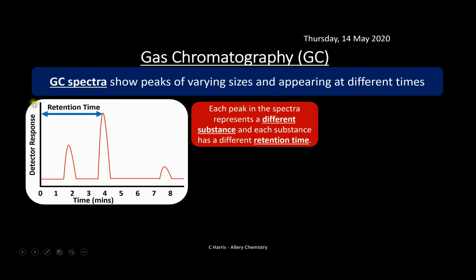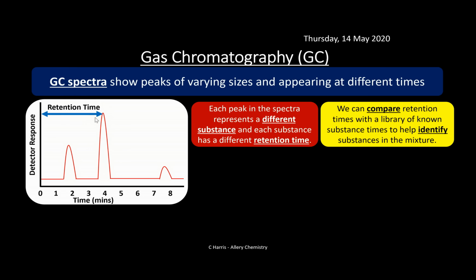You can see here, this is the distance from 0 to 4 minutes. So this is our retention time here. We can compare that retention time with a library of known substances to identify what we could have in our mixture. So that's pretty straightforward.